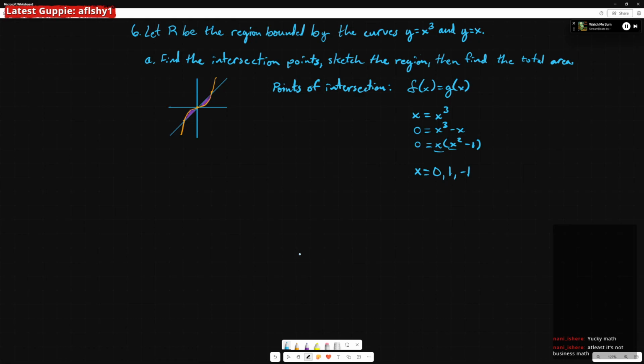Okay. So the point of intersection, we got those. So now we want to find area, which will be equal to basically the integral from -1 to 1. So from here to here.